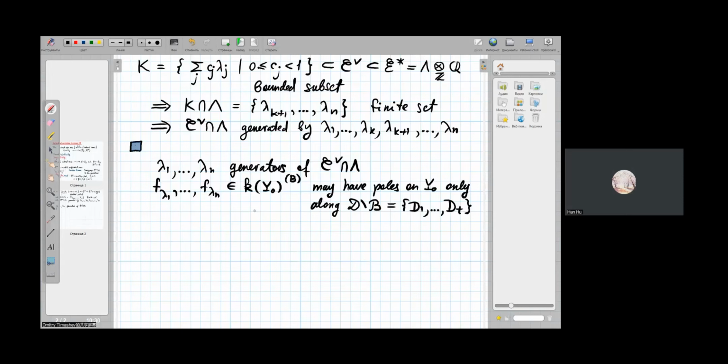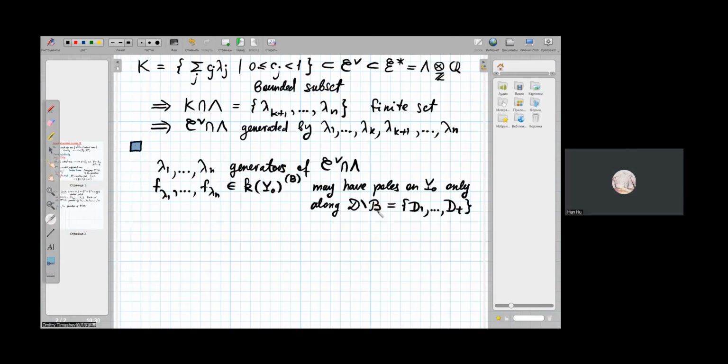Well, just because these eigenweights, lambda 1, lambda n, sit in the cone C check, this means that the vectors corresponding to the colors in B are among the generators of C check.